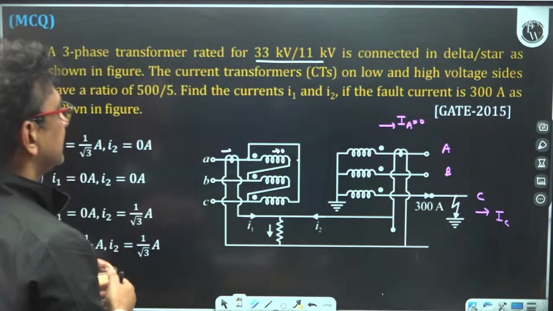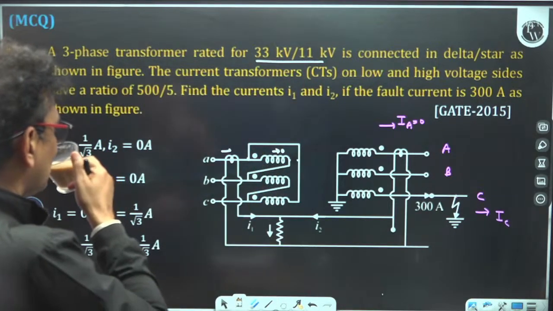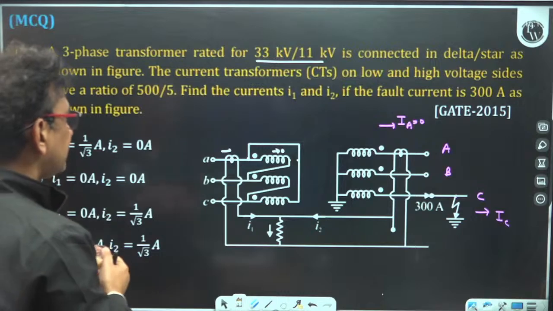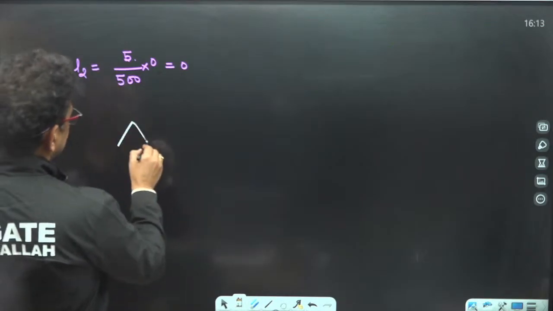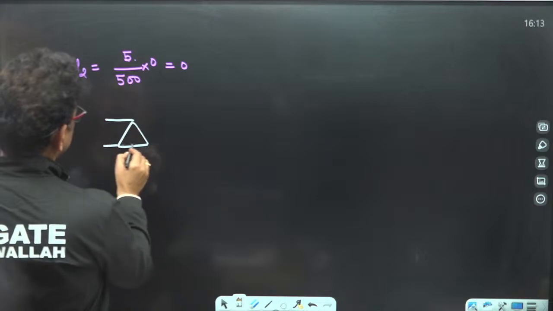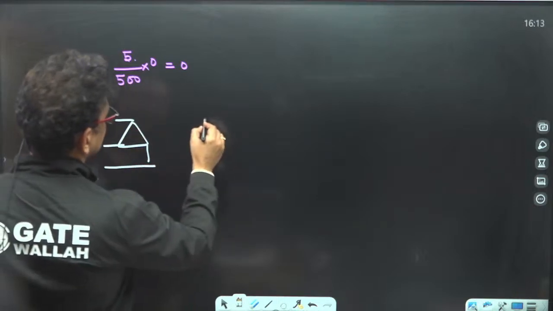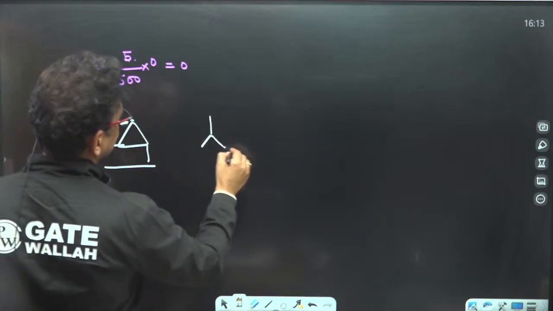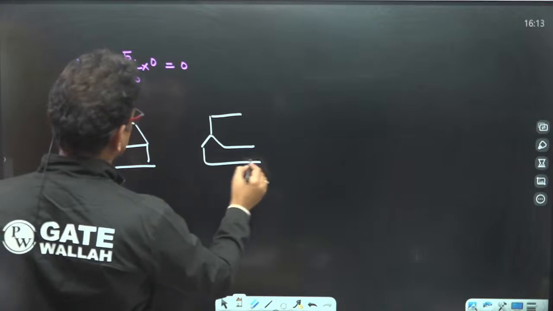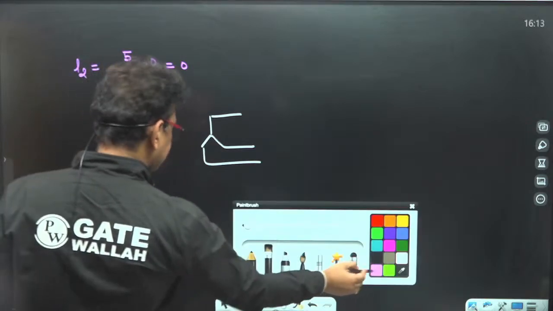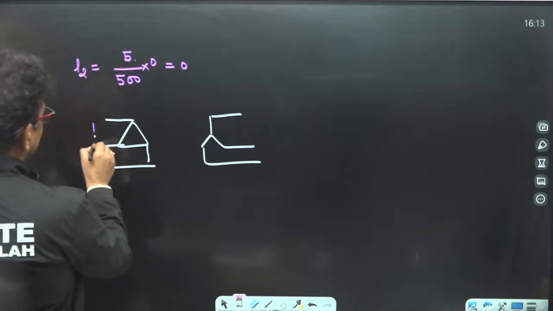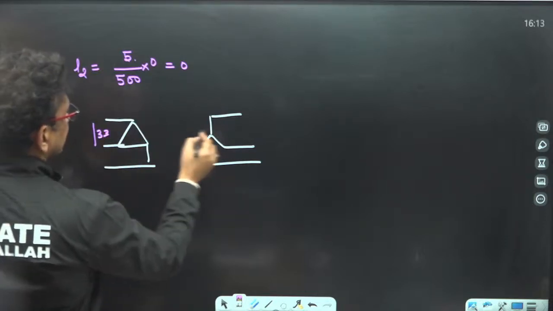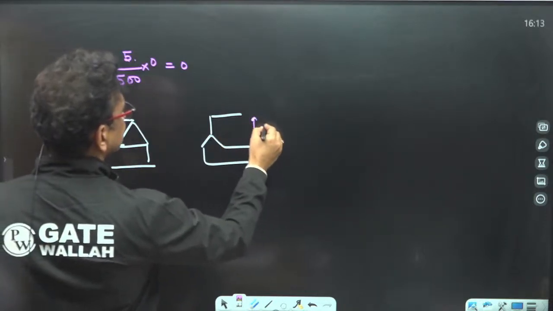It is a 33/11 kV delta-star transformer. Primary side is delta, secondary side is star. The line voltage is 33 on one side and 11 kV on the other.